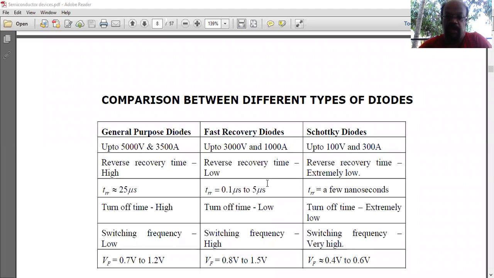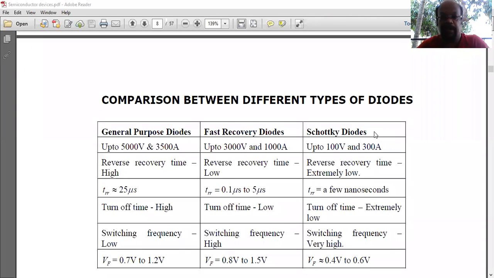If you want a high switching frequency and at the same time want to limit the conduction losses, we prefer fast recovery diodes. For small voltages, up to 100 volts, where the current rating is high, only a few nanoseconds can be permitted. This is achieved by Schottky diodes.